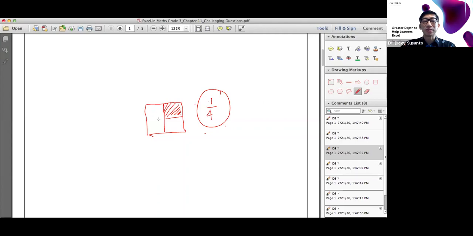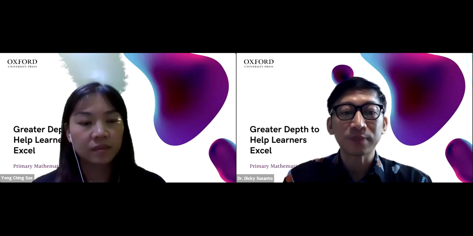All we need to do is just extend the line here. But that shows another big misconception that students have. They think that only when all the parts are clear, they know all the different equal parts, then they can find the fraction. Otherwise, they cannot. So that's a huge misconception that we as teachers need to address as well.